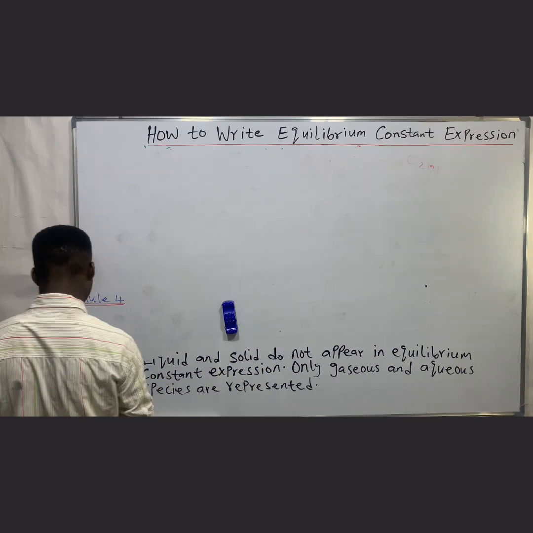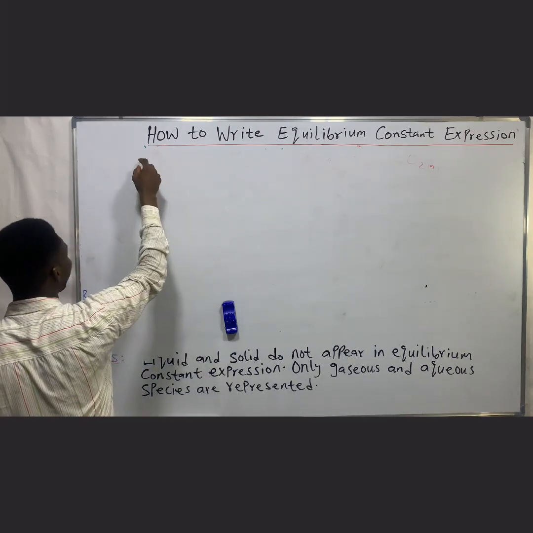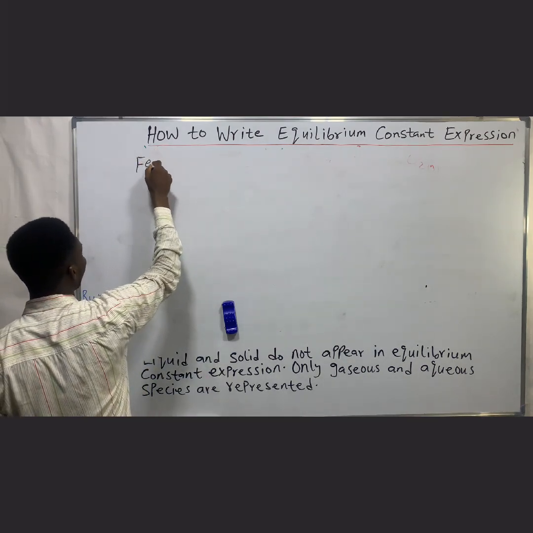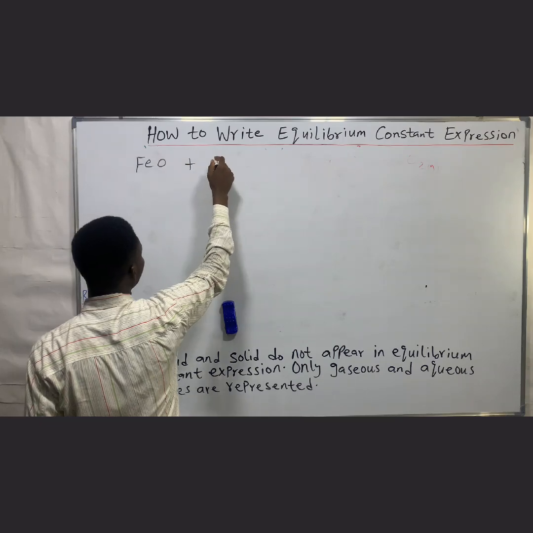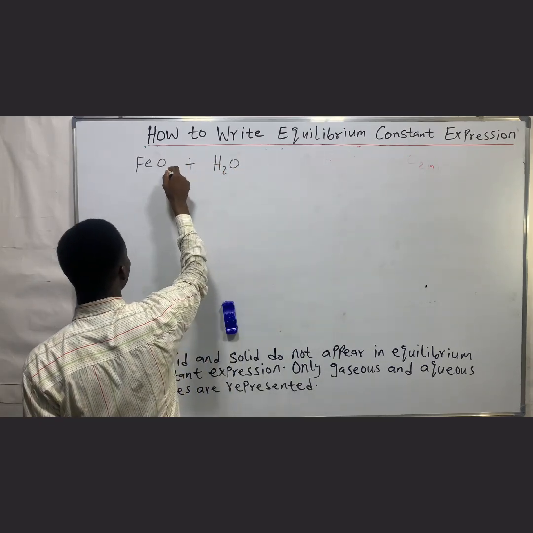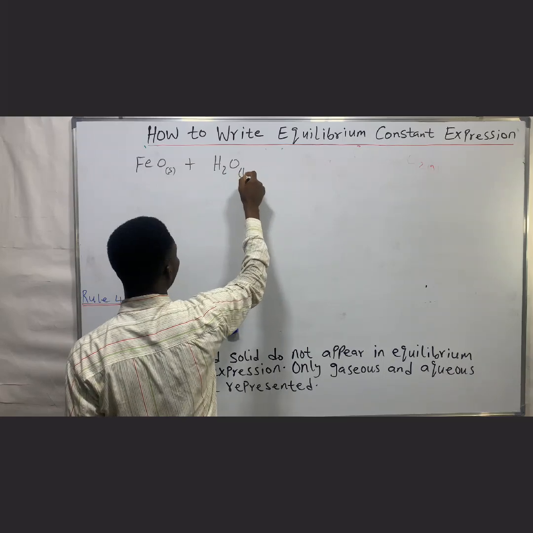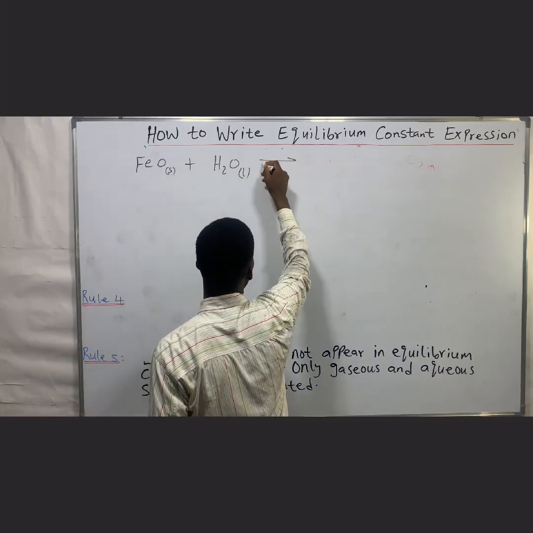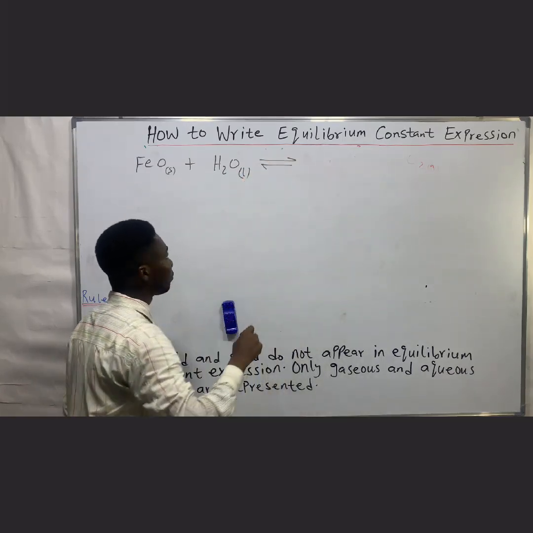Here I have FeO plus water, then solid, I think, liquid. What will this give us?